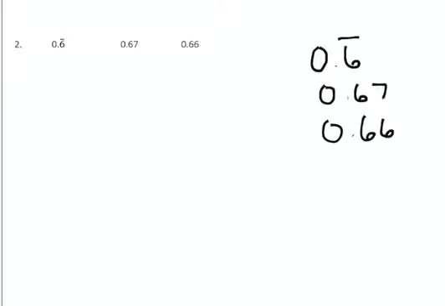Okay, looking at the second problem, 0.6, remember that's a repeating symbol above that 6, so it's going on forever. 0.67 and 0.66. So first step would be to line up those decimals. And when I have a repeating decimal like 0.6 repeating, I want to make sure that, instead of putting zeros here, because that is not what follows the 0.6, what follows is 0.6 repeating, more sixes.